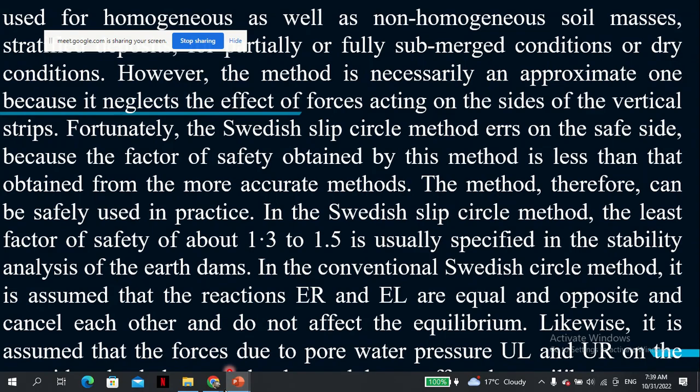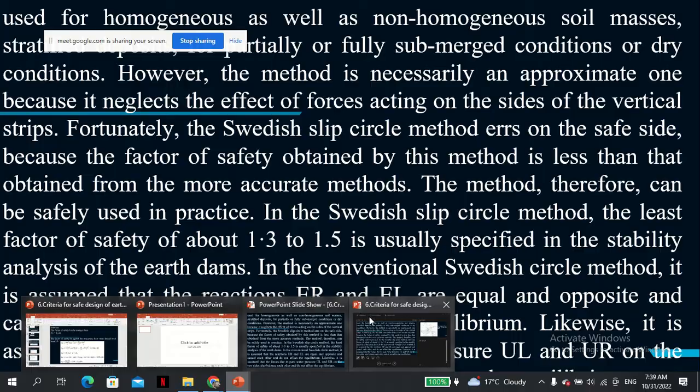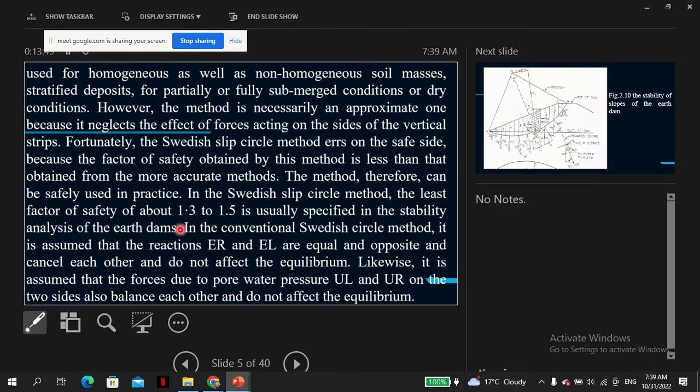The method therefore can be safely used in practice. In the Swedish slip circle method, the least factor of safety of about 1.3 to 1.5 is usually specified in the stability analysis of earth dams.